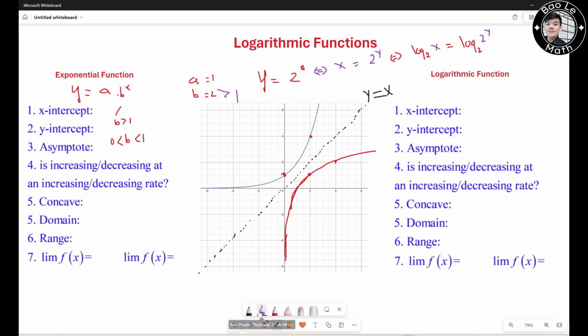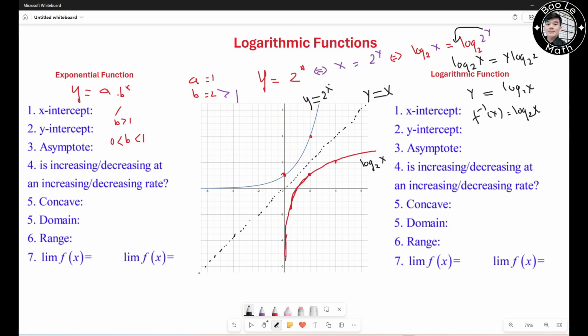Now I just bring y to the front, so log base 2 of x equals y times log base 2 of 2, but log base 2 of 2 is equal to 1. So I have y equals log base 2 of x, which means f inverse of x equals log base 2 of x. So the logarithmic function has the equation log base 2 of x, and the other one is y equals 2 to the x.